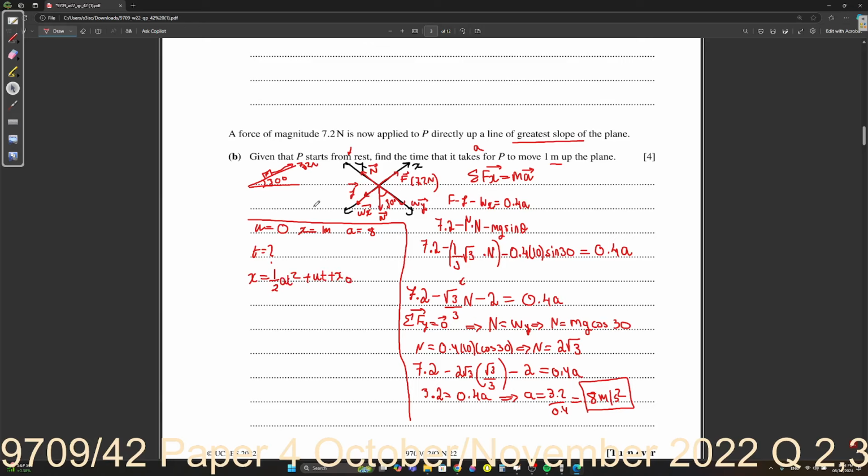X is 1. Half times acceleration, which is 8, times t squared, plus u is 0, so this cancels, plus x naught, this cancels also. So you're going to get 4t squared is equal to 1. So t squared is equal to 1 over 4. So t is equal to root 1 over 4, which is equal to 0.5 seconds.